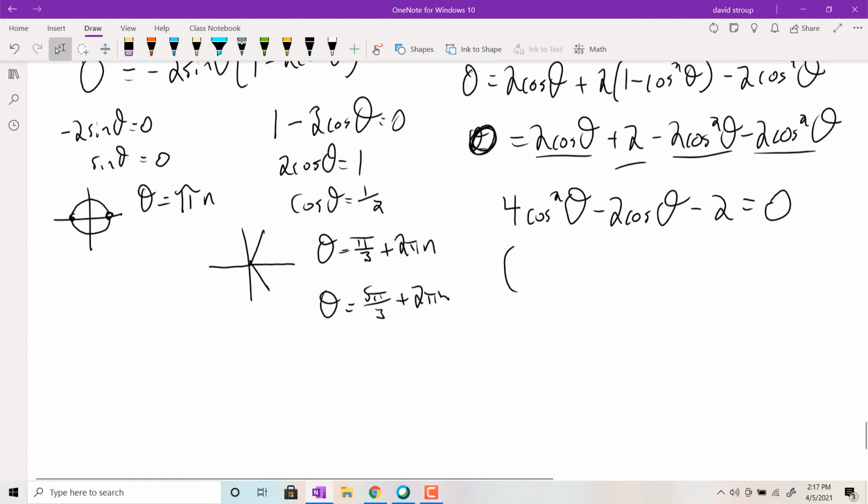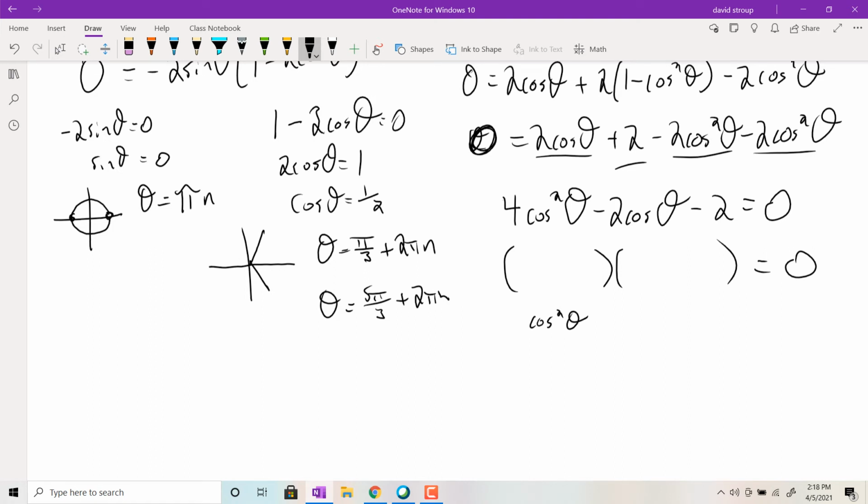I need to solve this. It has a quadratic form, so you just factor it. We could factor out a 2 first. So it would be 2 times 2 cosine squared theta minus cosine theta minus 1, equals 0. Let's just rewrite it like that. Then this will be 2 cosine theta and just cosine theta, and then plus and minus.